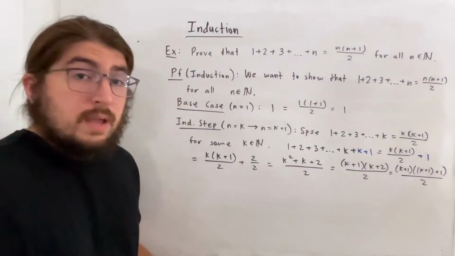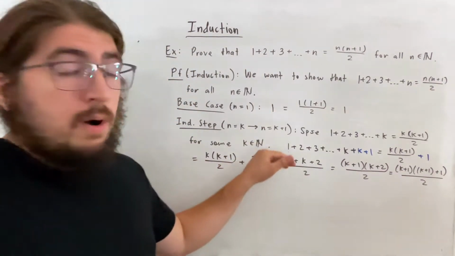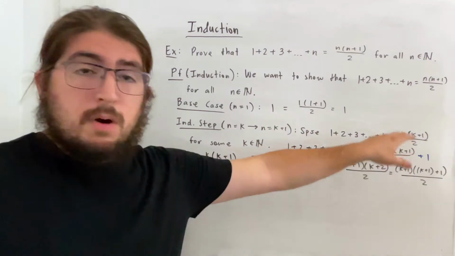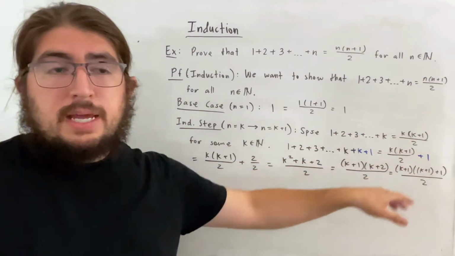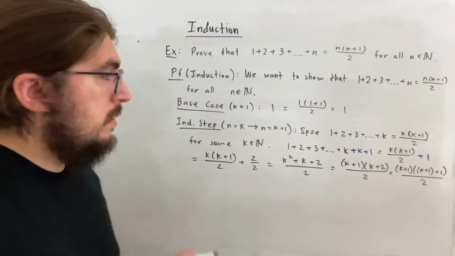So there it is. We have shown that the sum from 1 all the way up to k plus 1 indeed matches the form: the last term multiplied by the last term plus 1, all divided by 2.